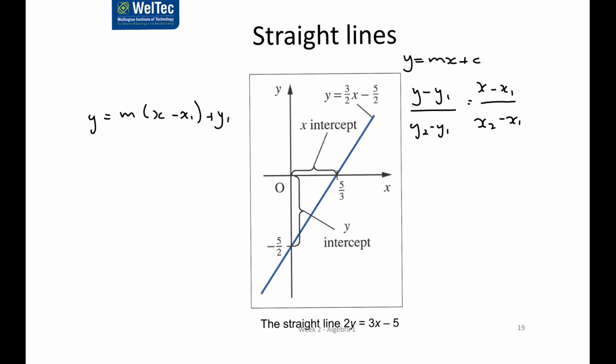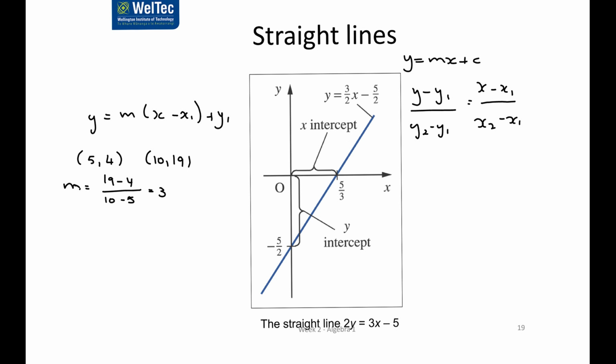Let's take a couple of points. Let's take some points 5, 4 and 10, 19, and let's find the equation of a line passing through that. First up, we need to find m, so that would be 19 minus 4 over 10 minus 5, which would give us 3.